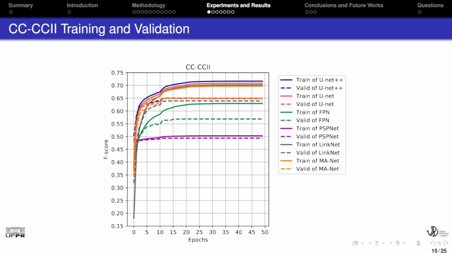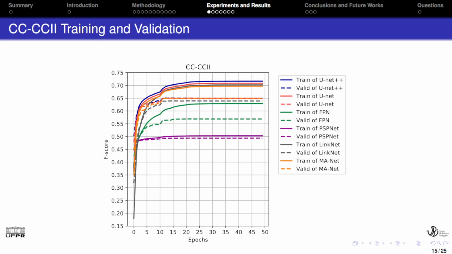Here we have the training and validation curves for the first dataset. Each line is the average F-score curve of all encoders combined with the decoder. In this first dataset, with exception of the PSPNet and the FPN, all decoders achieved close results.